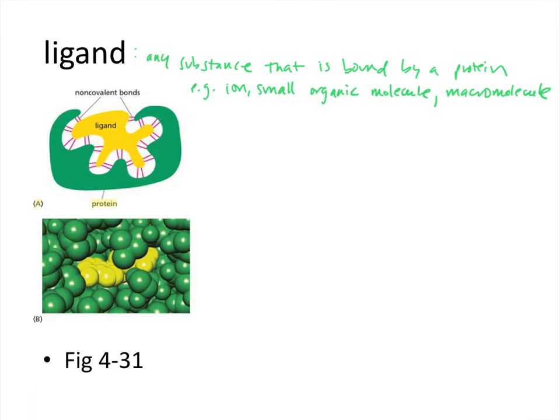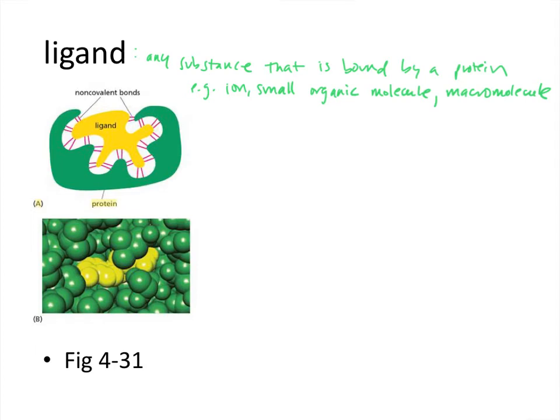And basically in this image over here, you can see this protein, and it is binding to a ligand. Note that they are a similar shape, and so this ligand has a very specific location that it can bind within this particular protein. And more specifically, that the binding is occurring through non-covalent bonds. So each of these little pink lines indicates a non-covalent bond.